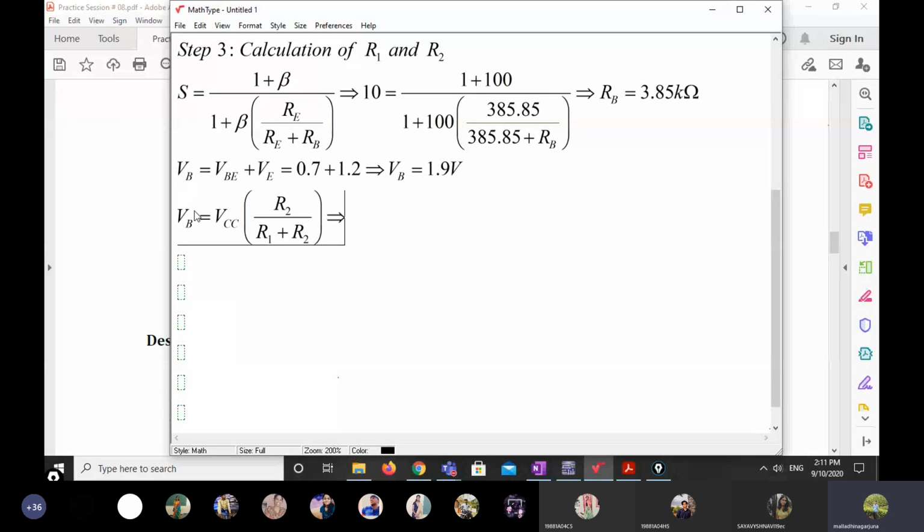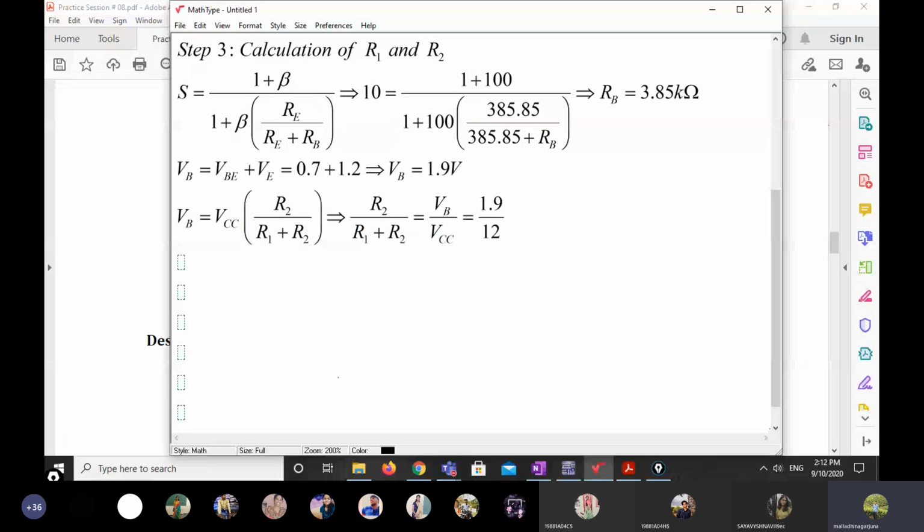Okay. So from this you can write this portion equal to VB by VCC, that equal to 1.9 divided by 12.